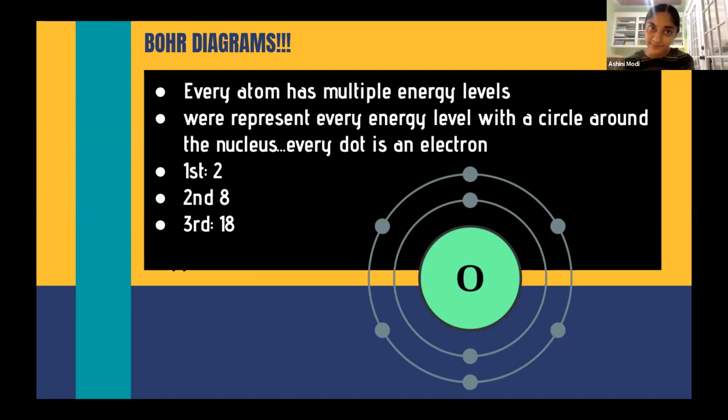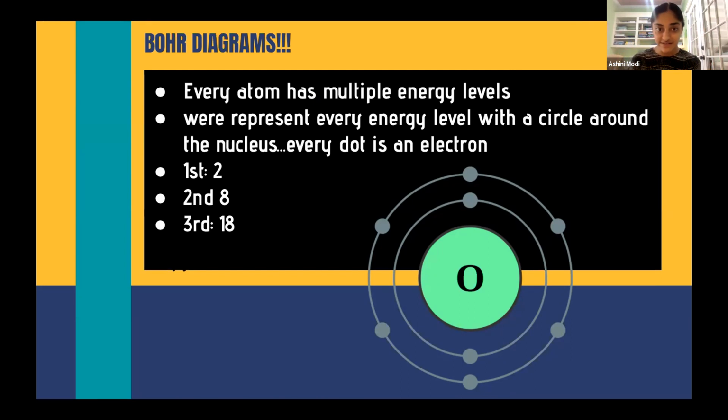So every atom has multiple energy levels. An energy level means the shells that the electrons hang out in. We represent every energy level with a circle around the nucleus, and every dot on the energy level is going to be an electron. The first energy level can only hold 2 electrons to be happy.